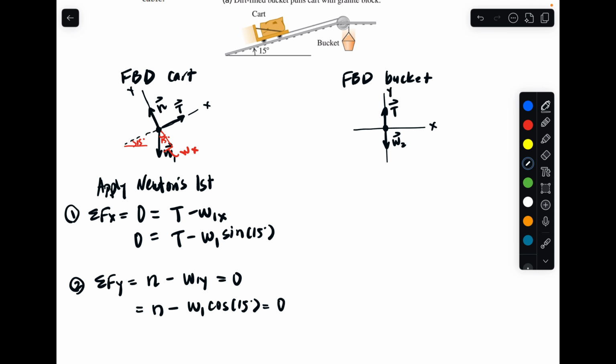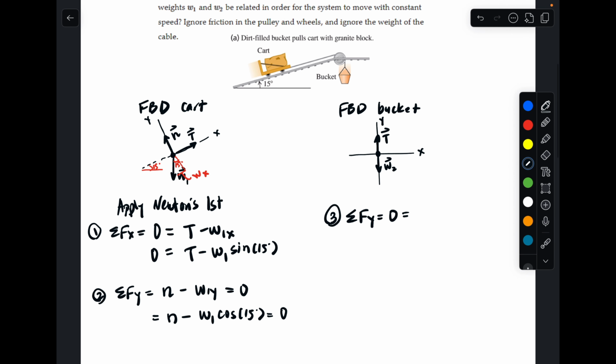Now let's apply Newton's first law to the bucket, and all of the action of the bucket is along the y direction. So we're going to add up all the forces in the y, set it equal to 0, and that will equal the tension minus the weight.